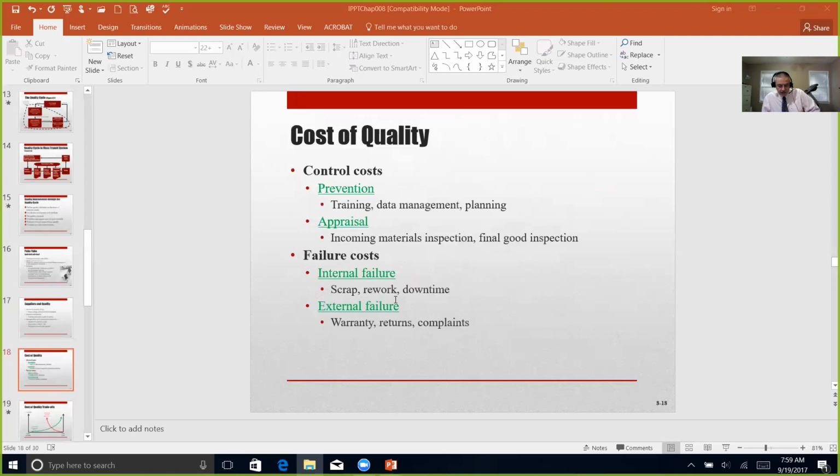That cost of quality includes prevention, appraisal, internal failure, and external failure categories. Not all inclusive, but as a benchmark or a baseline from which to springboard. And the cost of quality may be broken down into two components, being control cost and failure cost.